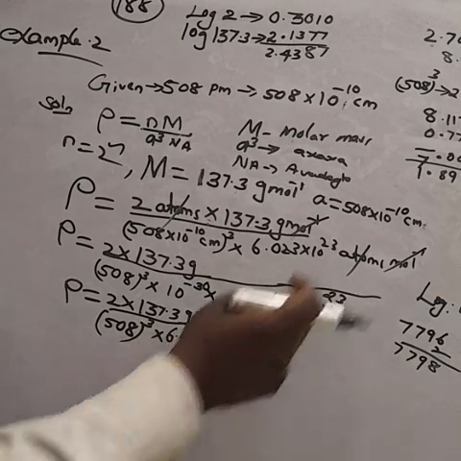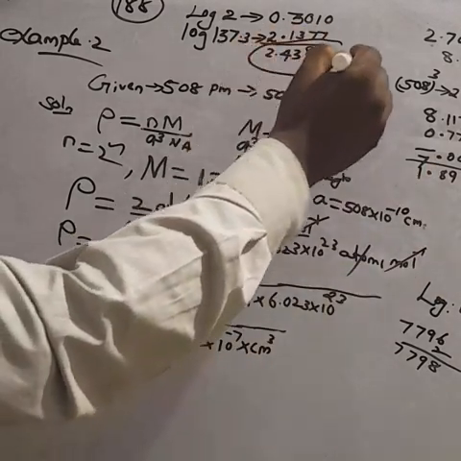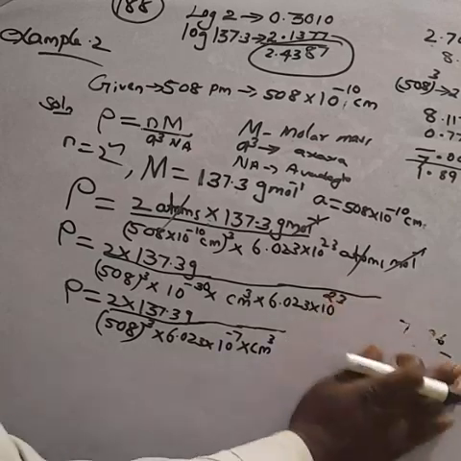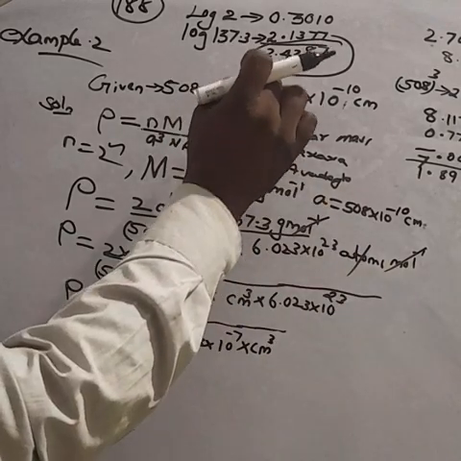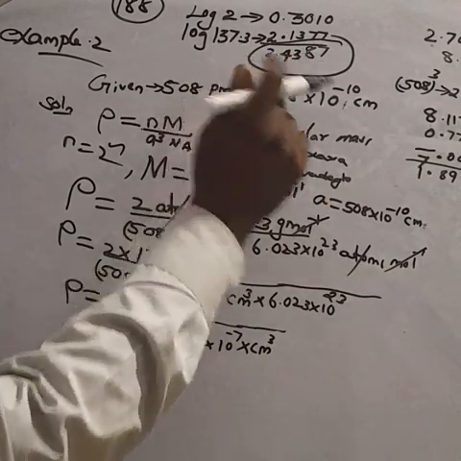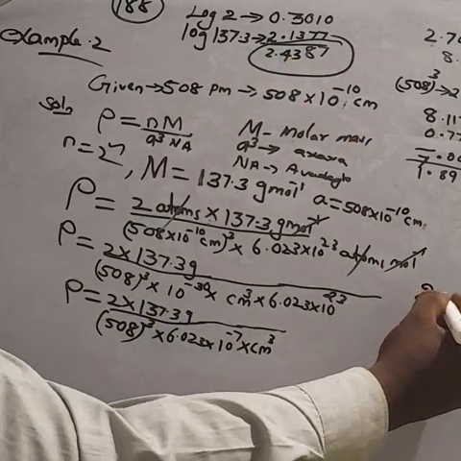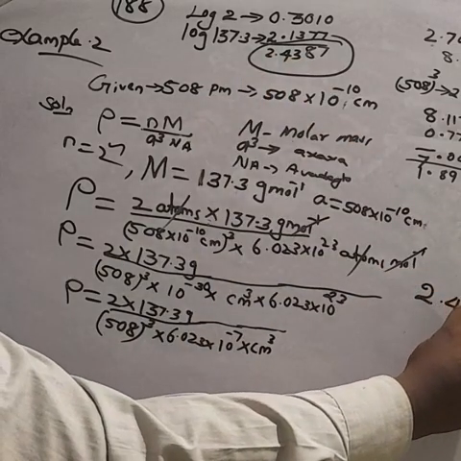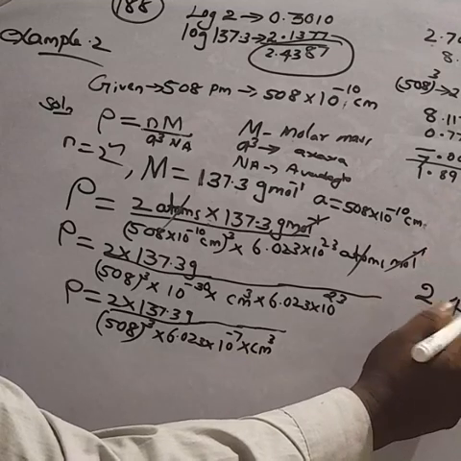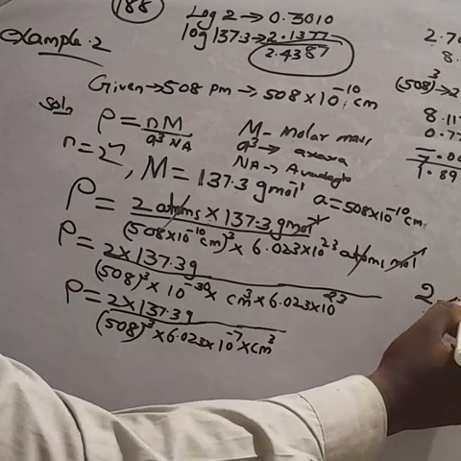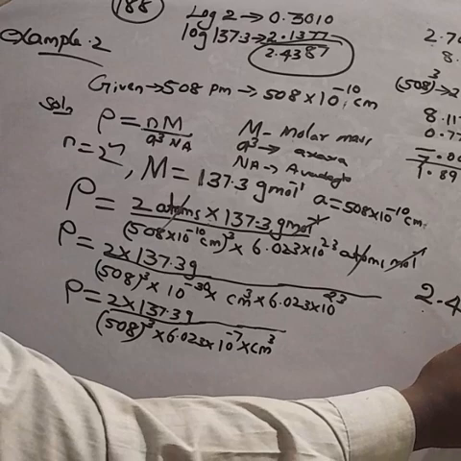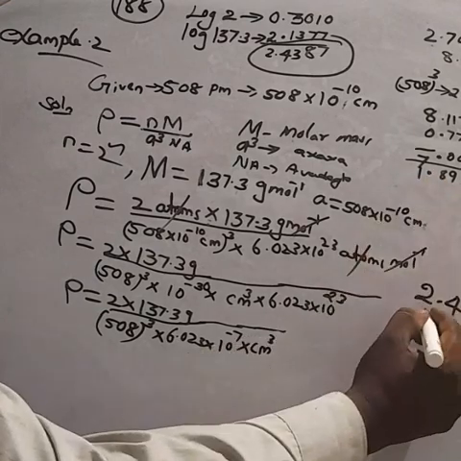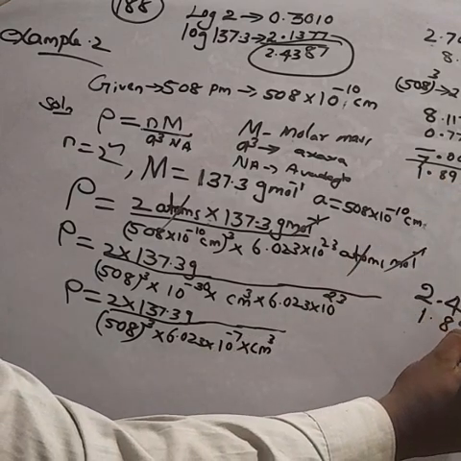So before we found one value. That is log 20 and log 137.3, we get one value. What's the value there? 2.4387. So we have to subtract this one, that is 2.4387 minus 1.8975.